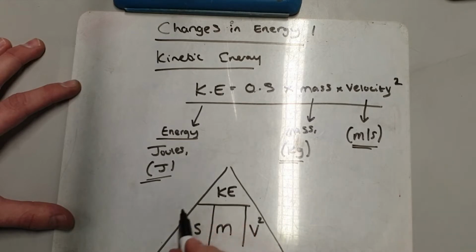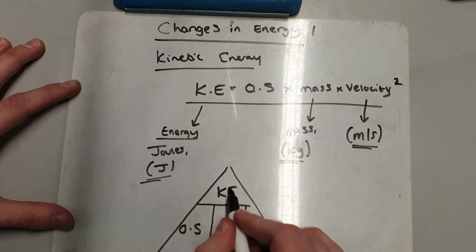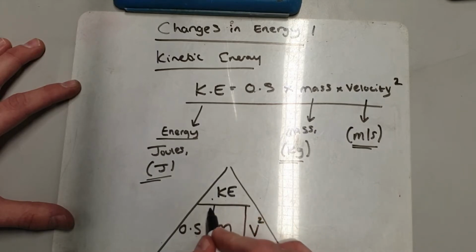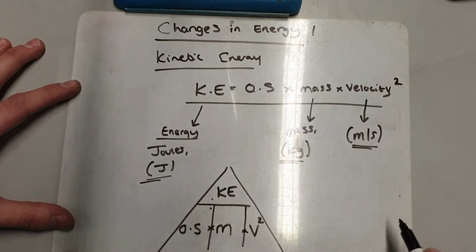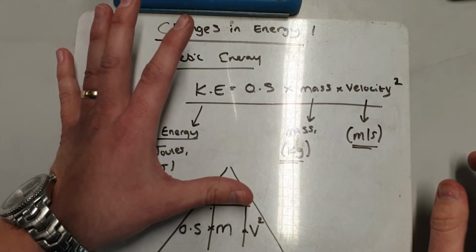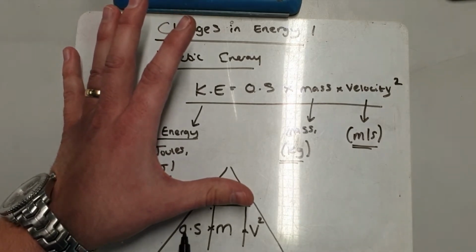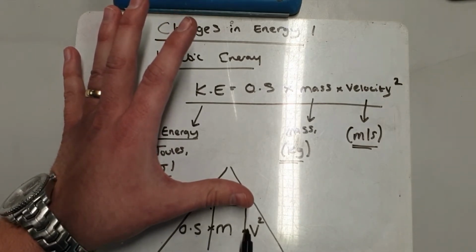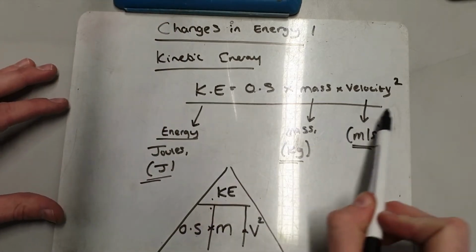These are really helpful triangles if you're unsure on how to rearrange an equation. If you go down, that's a divide, and if you go across, then it is a multiplication. So for example, if you're trying to work out kinetic energy, you would cover up the kinetic energy, and whatever's left you do 0.5 times the mass times the velocity squared, just like we mentioned at the top up here.